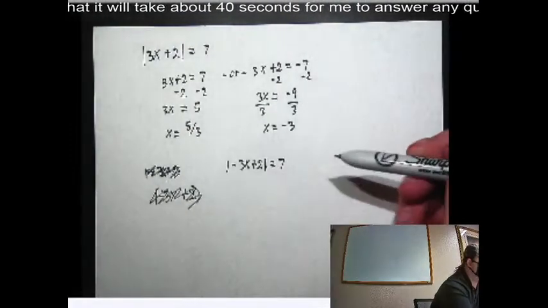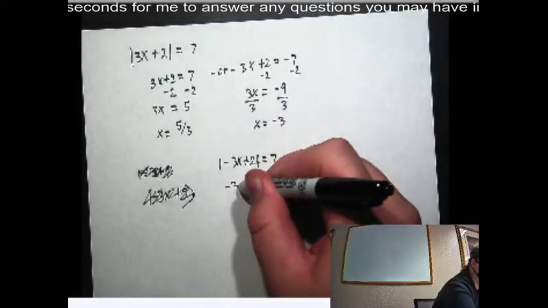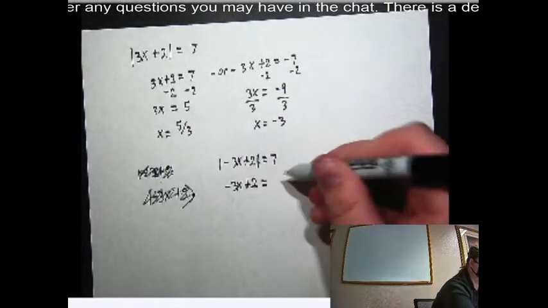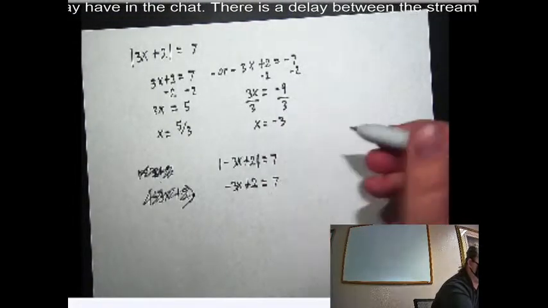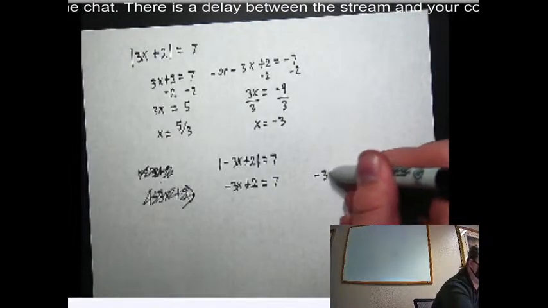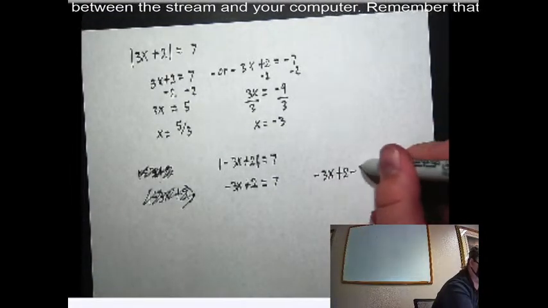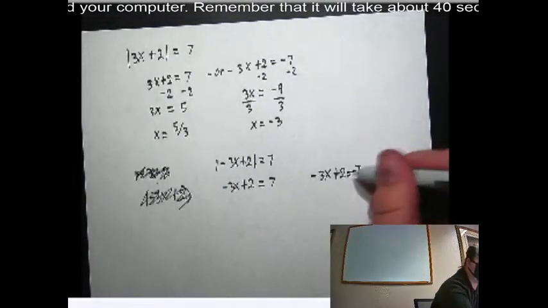So, same thing, right? We need to make this into two parts. Negative 3x plus 2 could be 7. And negative 3x plus 2 could be negative 7. Whoops, equal to negative 7.